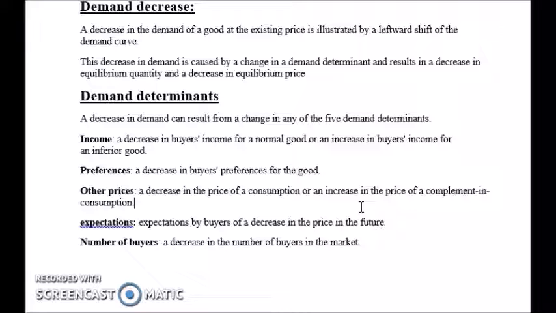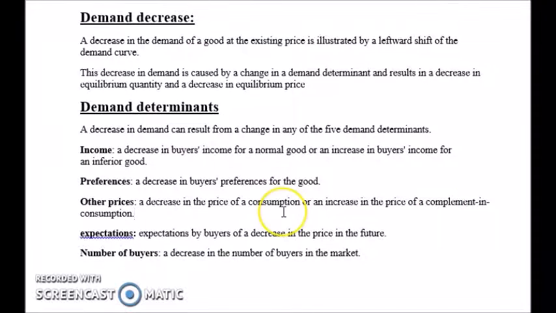A decrease in demand of a good at the existing price is illustrated by a leftward shift of the demand curve, as you can see. This is caused by a change in a demand determinant. To answer such questions, you need to know the demand determinants that will cause a change to our demand schedule.